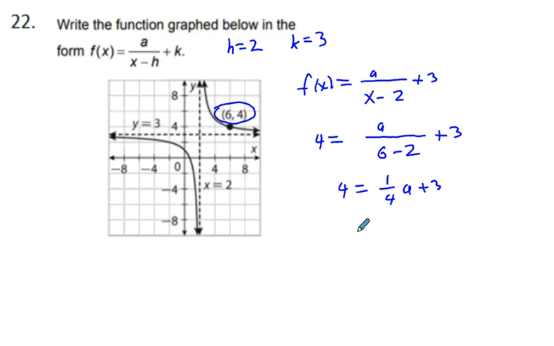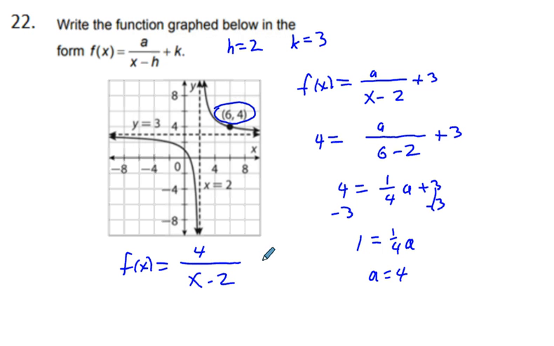We subtract 3, we have 1 equals 1/4 a, and we multiply by 4, we have a is equal to 4. So our equation is going to be f(x) equals 4 over x minus 2, plus 3.